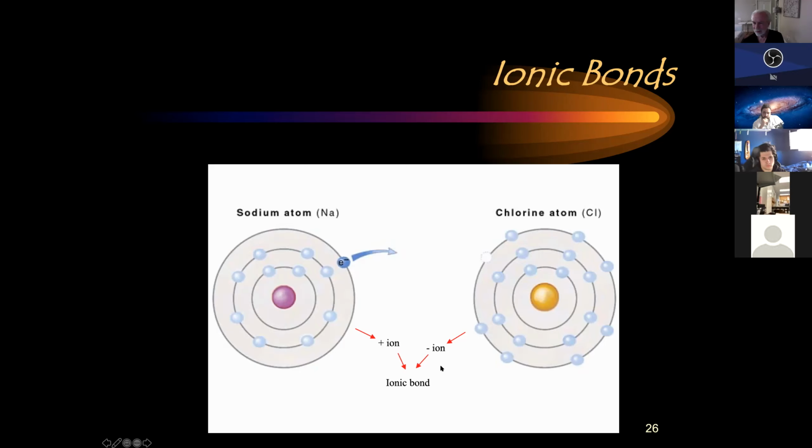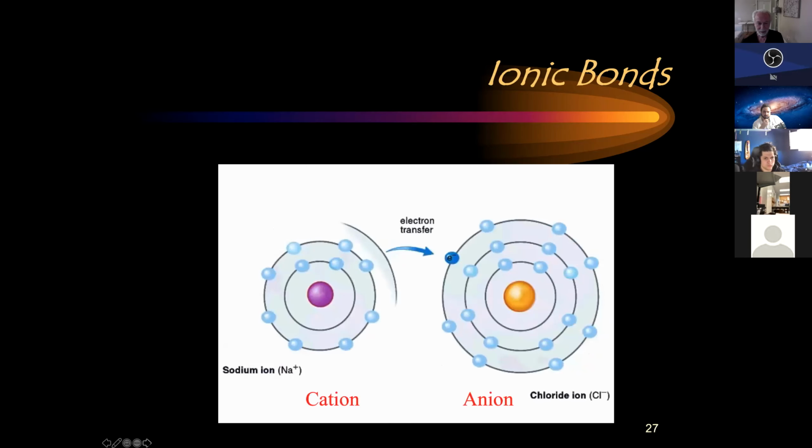Does that make sense to everyone? That's an ionic bond. So remember how they form, and that it's a relatively strong bond. This shows the same thing. The point here is that the positive ion is called a cation, and the negative one is called an anion.